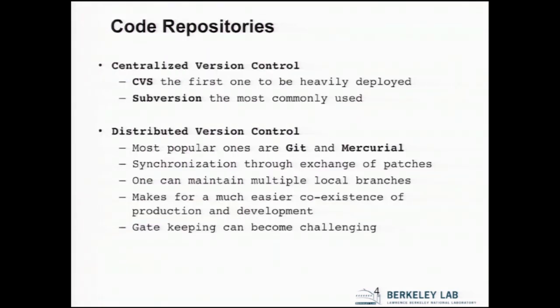So code repositories, they come in two flavors. There are the centralized version control, and that's where actually version control started basically with CVS. And you know, all those of us who are old enough to have started with CVS can still remember all of the frustrations that went with CVS. For example, if you had a directory in CVS, it lived in perpetuity.